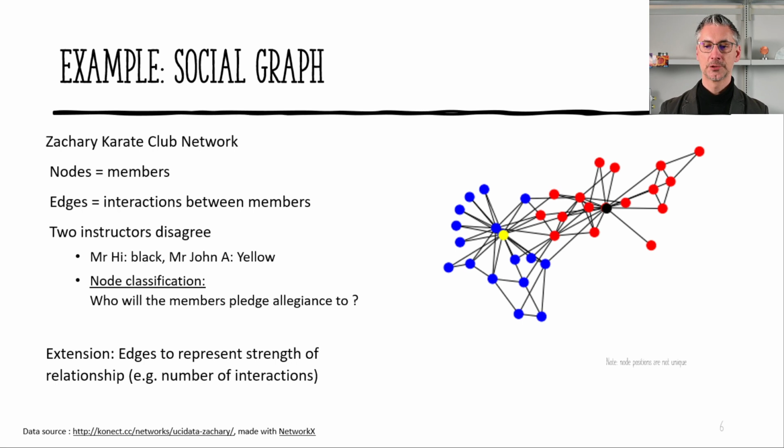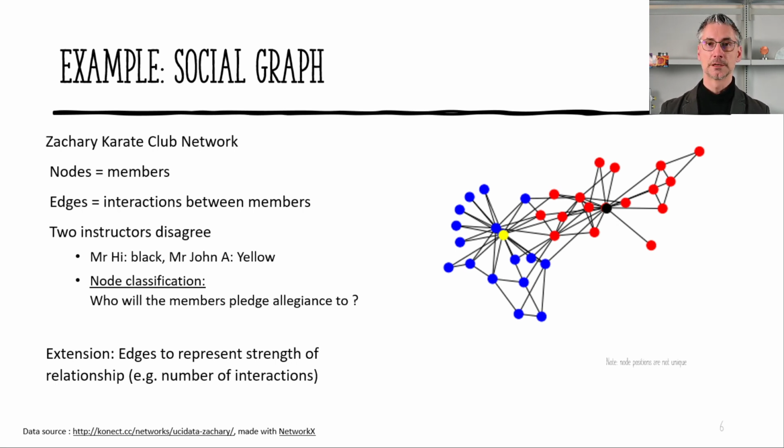And this karate club has two instructors, Mr. Hi and Mr. John A. Before, these two instructors got along quite well, and now they had a fallout and a big fight. So, as with any group, some students prefer one coach and some students prefer the other trainer.